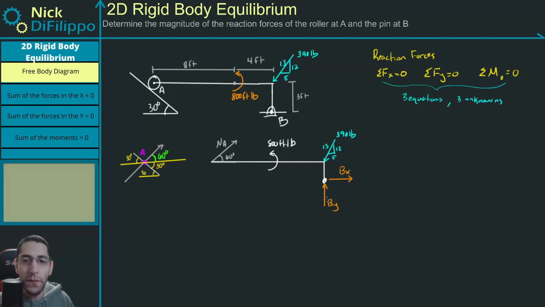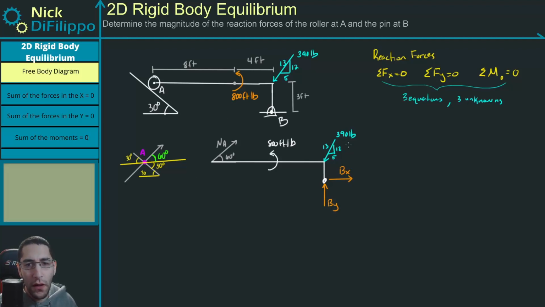So if we assume positive and we solve and we actually find that Bx is negative, we just know that this reaction force points in the other direction. It becomes easier to deal with positive numbers than negative numbers, because then you have minus signs and a better chance of making a mistake. So when you don't know, assume positive.